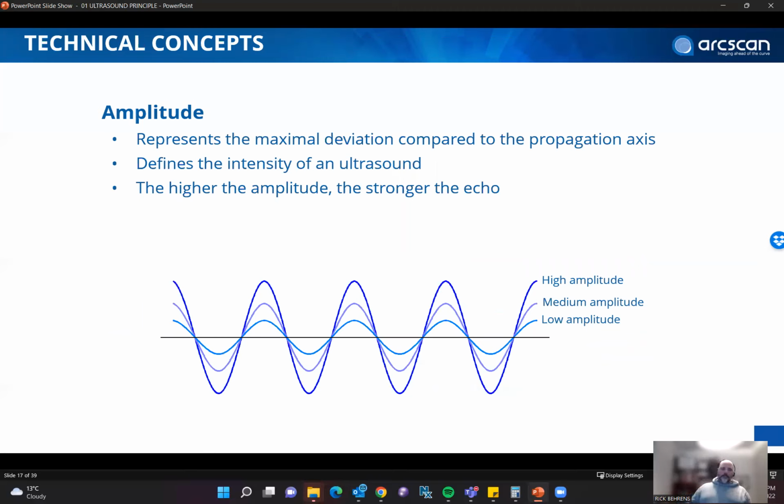These technical concepts are basically the amplitude. It's basically the height: the height of the peak, the height of the wavelength, the height of the sound wave. The higher the amplitude, the stronger the echo. The lower the amplitude, the smaller the echo. That's why we measure the amplitude on the A scan. When you're scanning the sclera in the eye, you have a lot of white; that amplitude is really tall.